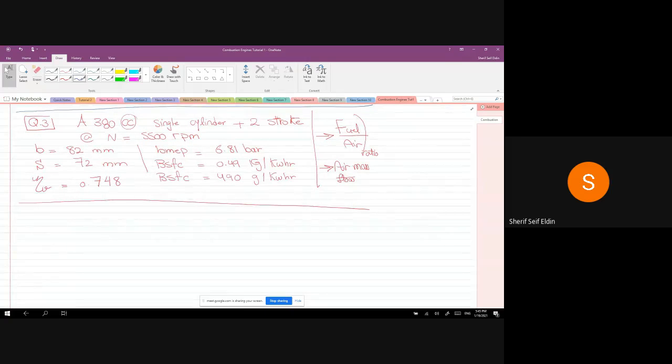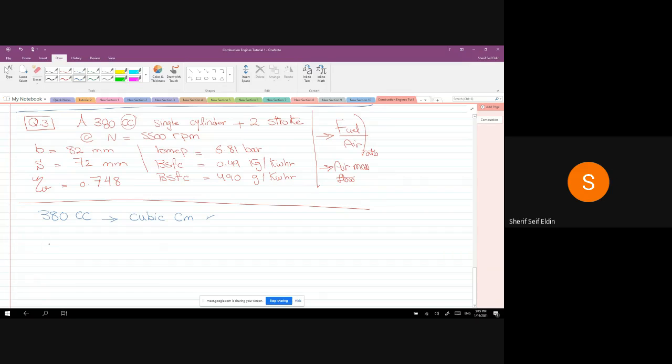All right, so CC 380. CC is cubic centimeter, right? One can also specify an engine, or he can tell you that this is a 4-liter engine.